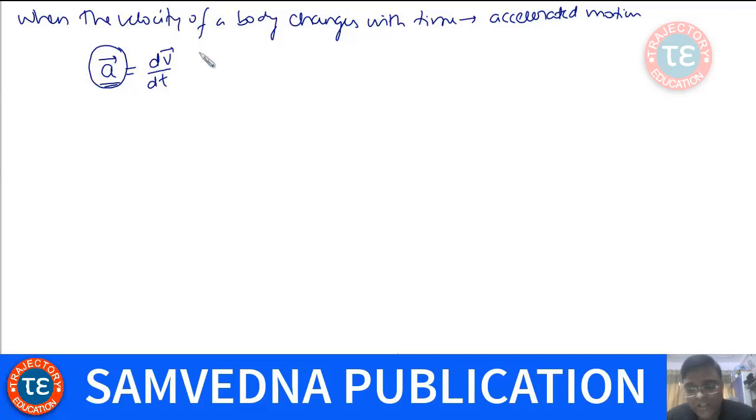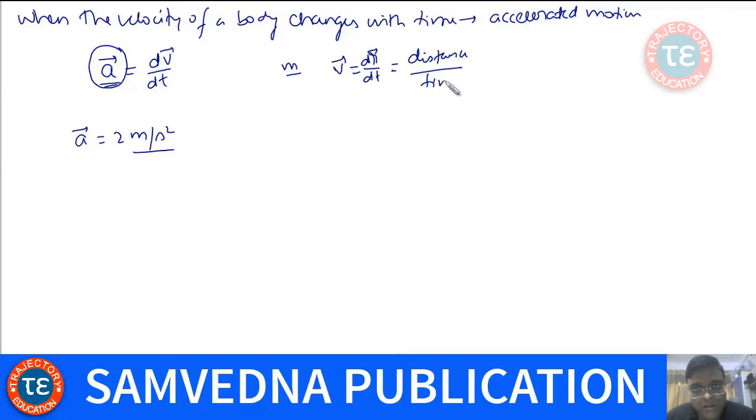If acceleration remains constant, suppose a is 2 meter per second square. Regarding units, you must be very clear that the unit of distance is meter, and velocity is dr by dt, so it is distance upon time, dimension wise.